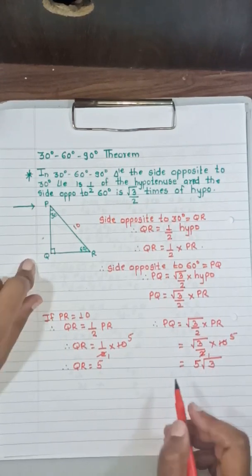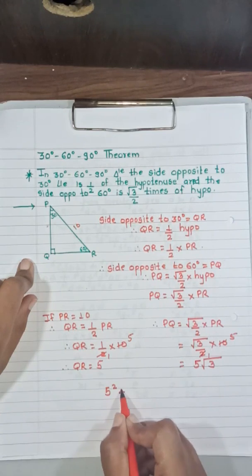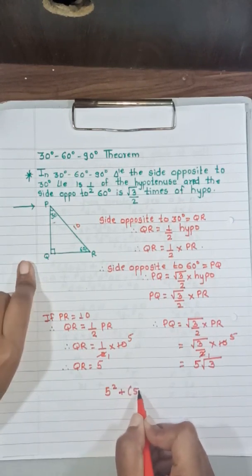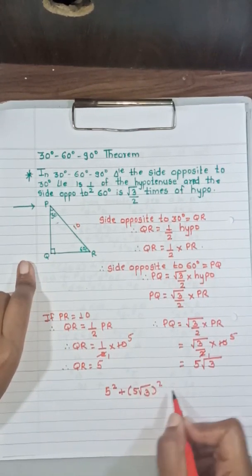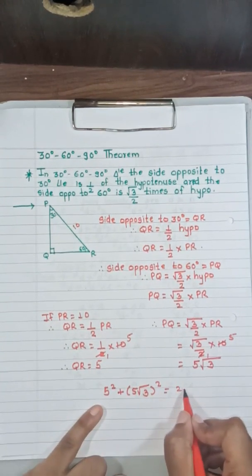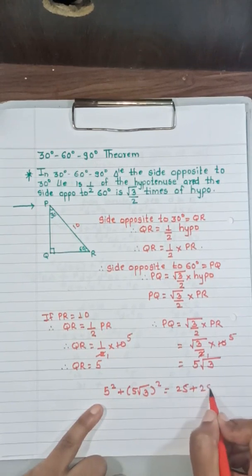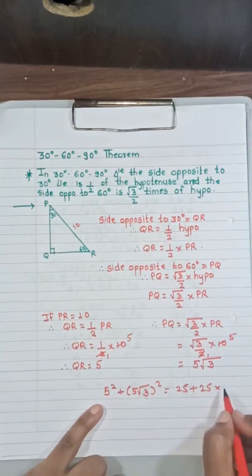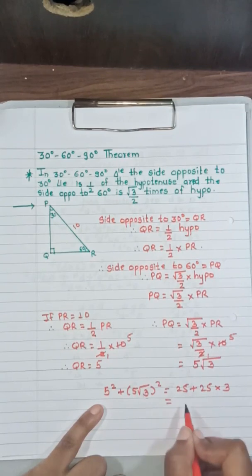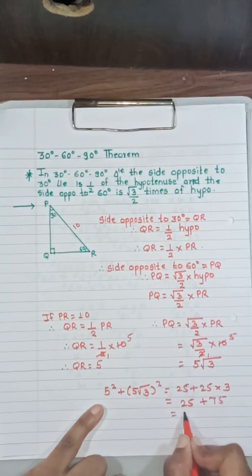Now if you square them, 5 square plus (5√3) square, that is how much? 5 square is 25, again plus 5 square is 25 multiplied by √3 square, which is 3. So 25 plus 75, that is 100.